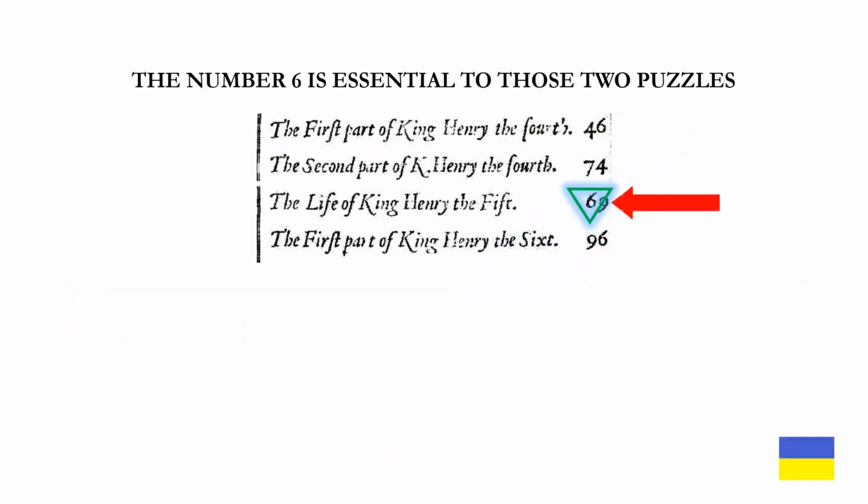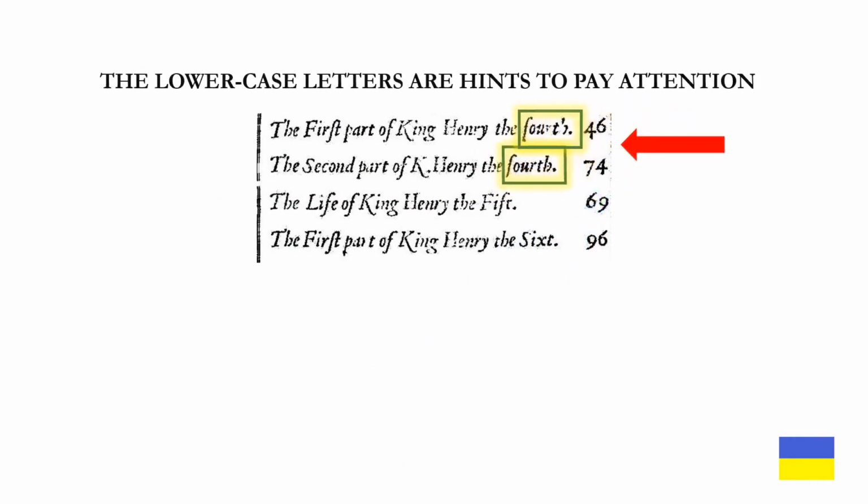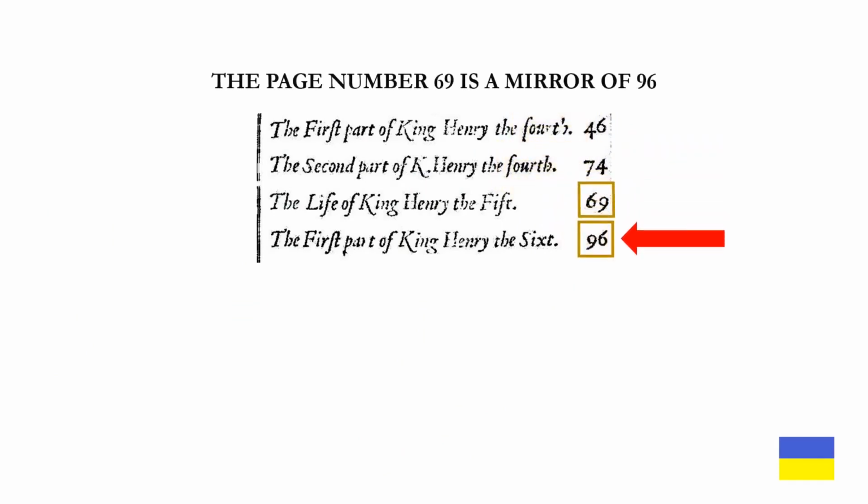And the number 6 is essential to those 2 puzzles. And the lowercase letters in the first 2 titles are hints to pay attention, as is the page number for Henry V, because the page number 69 is a mirror of 96.